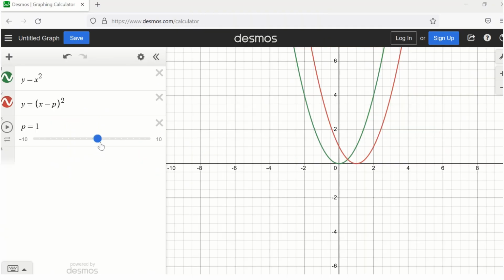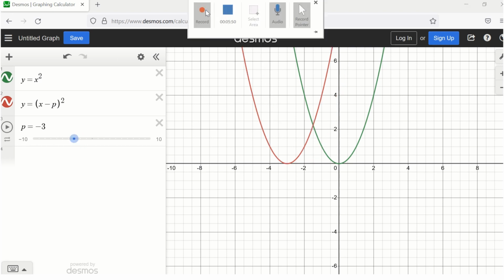So at the slider, you will see for the p value, x minus 1, p is positive 1, it's right 1. X minus 2, p is positive 2, it's right 2. And if p is negative, so -1, x minus -1 is x plus 1, it's left 1. -2, x plus 2 is left 2. So this is how you can see the p.